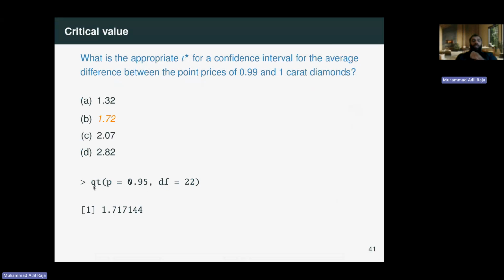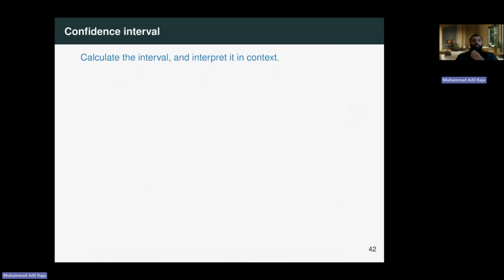So QT is the R function which gives you the T score. Okay, so this is important. I'm just going to move forward from this and see what we are going to do next.